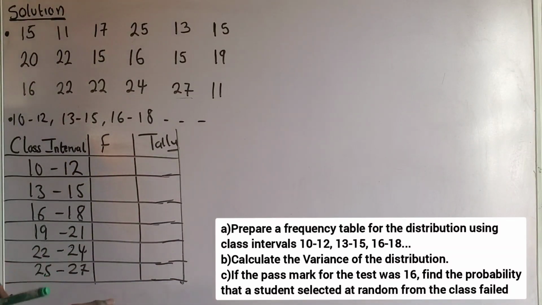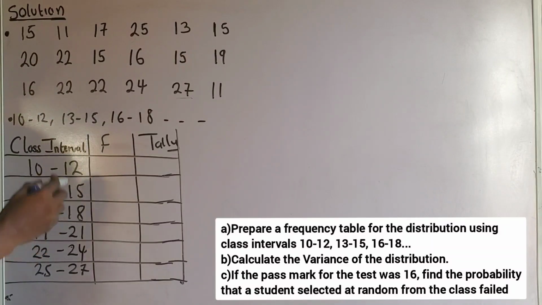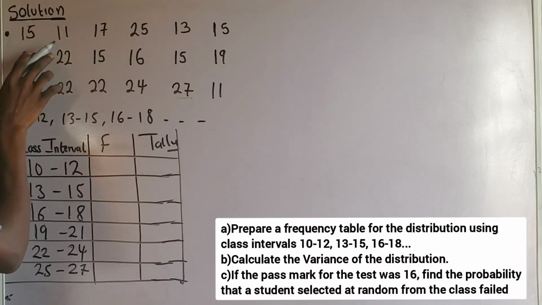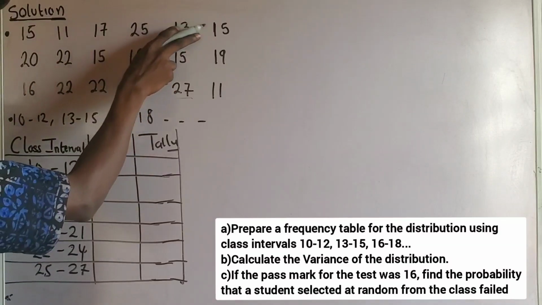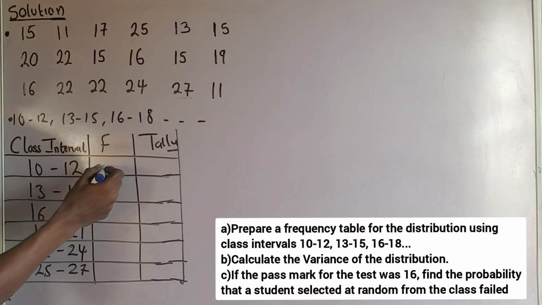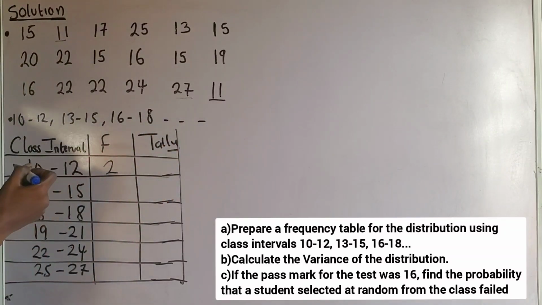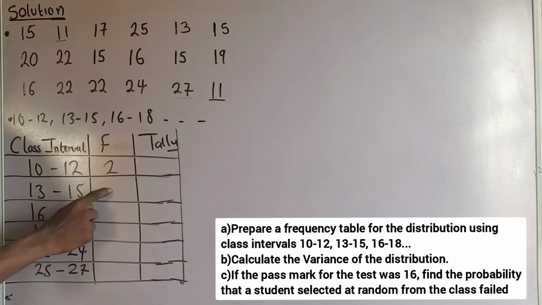So now let's count the numbers that lie within the range of this class interval. We have 11. 11 is part. Are you getting it? And we have 11 again. So 11 is part. So the numbers that fall within 10 to 12 is what? 2. Do you understand? This is the first and this is the second. Are you getting it?